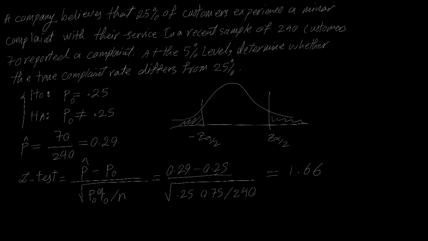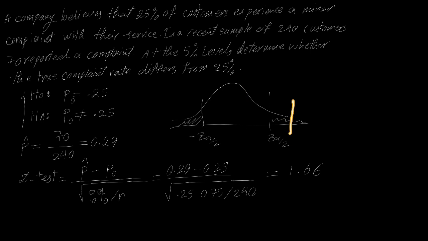Now we have two approaches. We can find Z of alpha half and negative Z of alpha half, and then check Z test. It is positive, so I just care about this part, definitely not negative. So I want to check whether Z test is here or here.